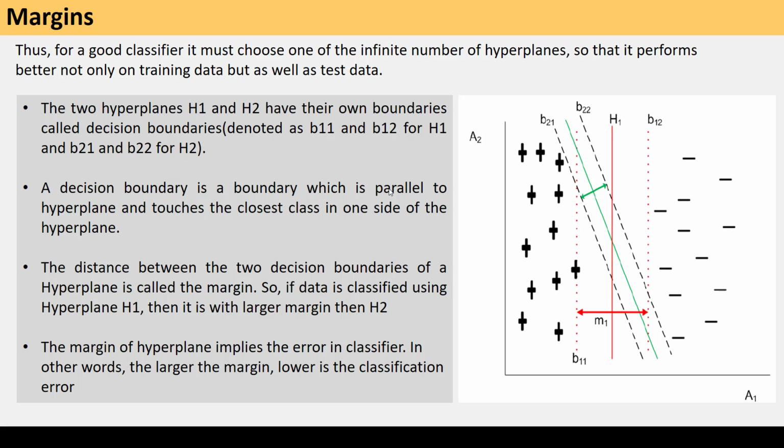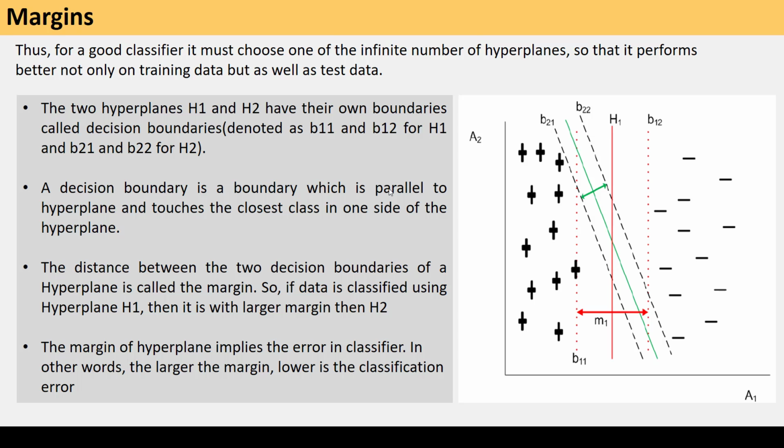But if you closely observe the margin width, M1, the red one, is higher than the green one, which is smaller. So the best one in this particular situation is H1. You have to take the best hyperplane with the maximum boundaries, the maximum width. So you take H1 as the hyperplane in this situation. That's how the margins help us.